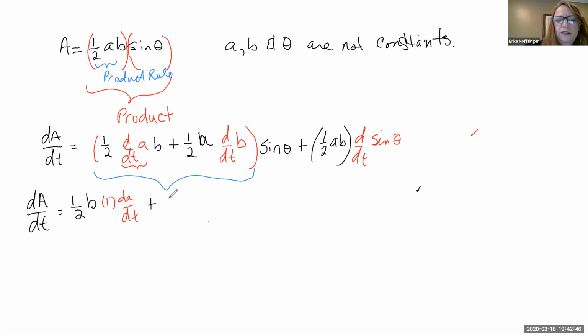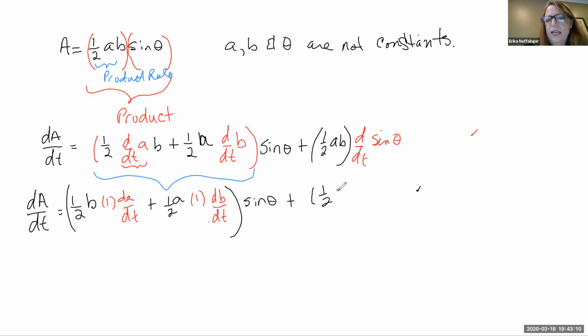Plus 1/2 A. But now when we take the derivative of B, that's just 1, but it was with respect to T, this is dB dt, all times sine theta out here plus 1/2 AB, and the derivative of sine theta is cosine theta.